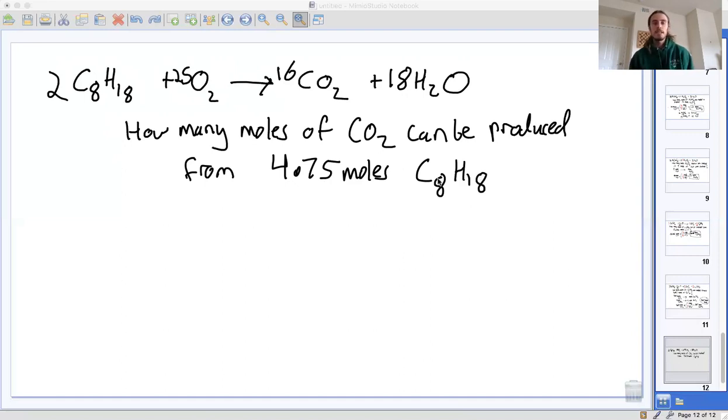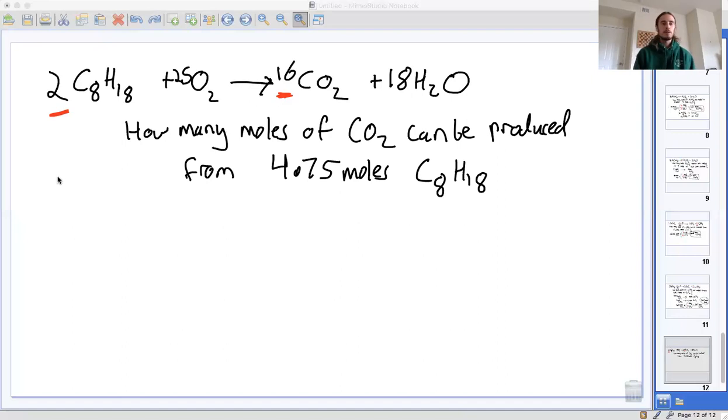Right? So we're trying to make CO2 and we're making it from 4.75 moles of octane. We know that 2 moles of octane makes 16 moles, right? But we don't have 2. Instead, we've got 4.75, right? So we're going to have to scale this up, right?